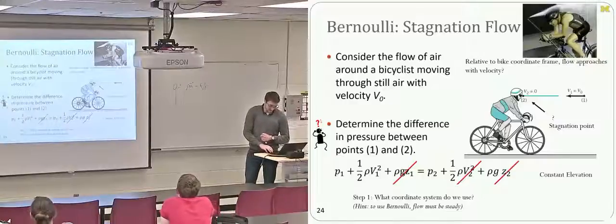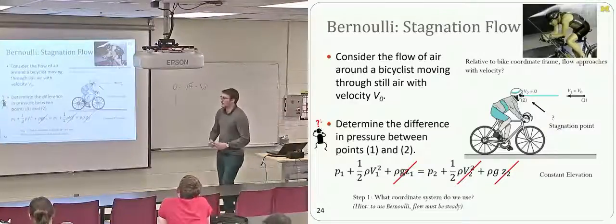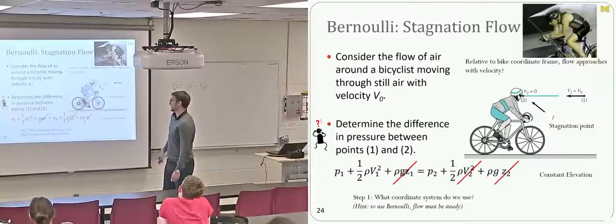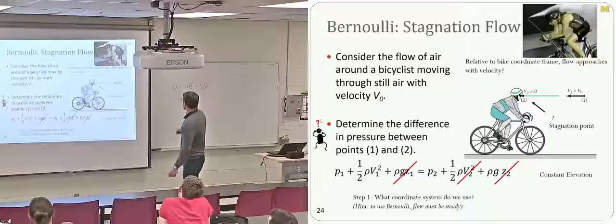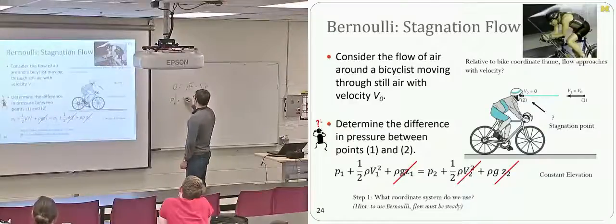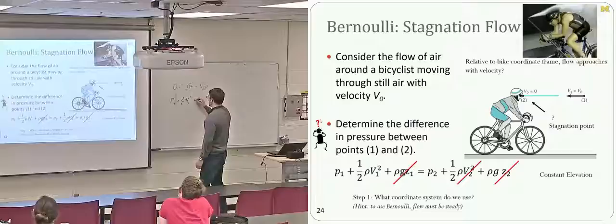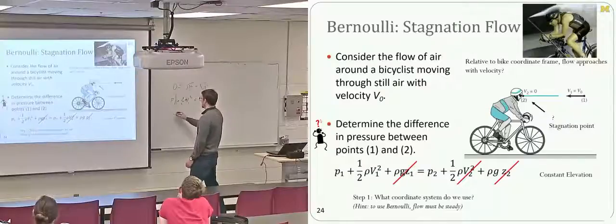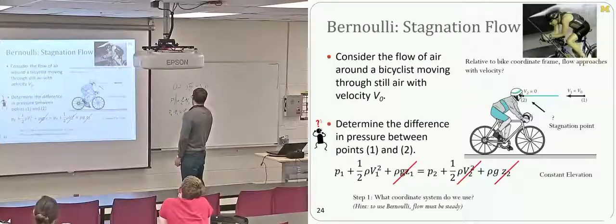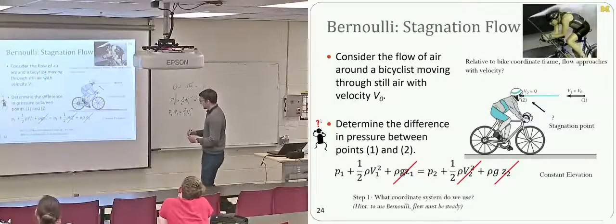Alright, so we've canceled out most of the terms in our Bernoulli equation here. So what that leaves us with is P1 plus rho over 2 V1 squared is equal to P2, right? Or P2 minus P1 is simply equal to rho over 2 V1 squared.